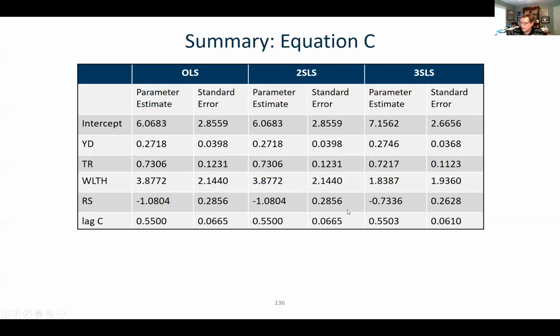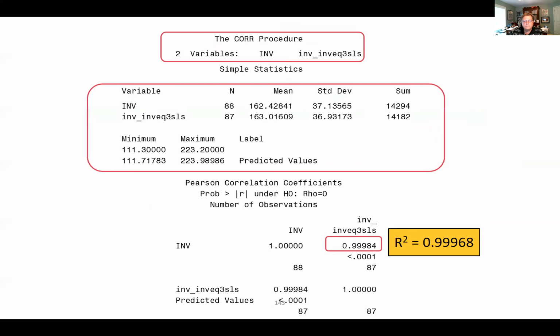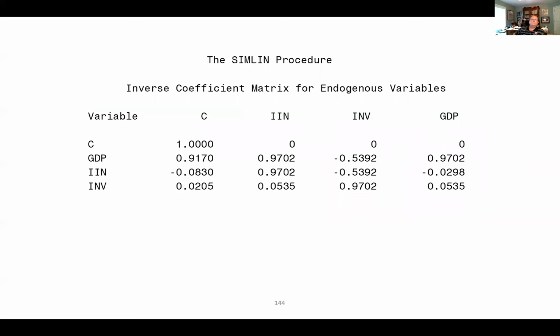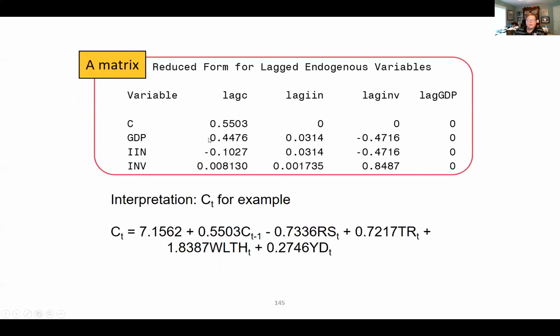So we've summarized that. And then we need to get, based on the Simnlin procedure here, the analytically derived reduced forms. So we need to get the inverse of the coefficient matrix for the endogenous variables to play a role. And now we get the reduced form for the lagged endogenous variables.